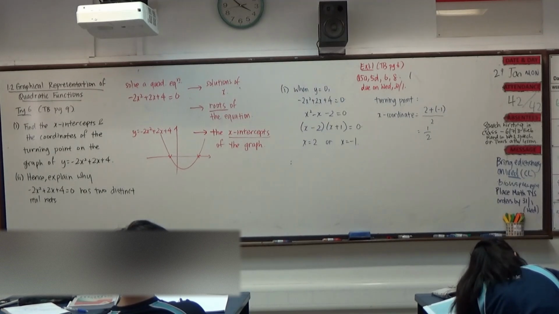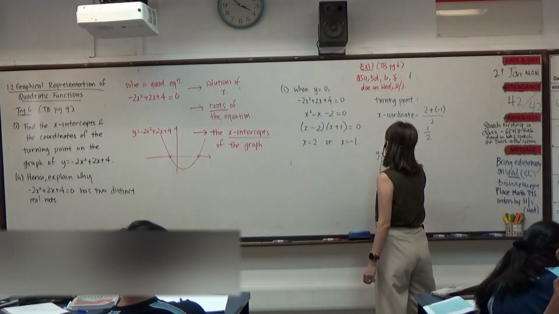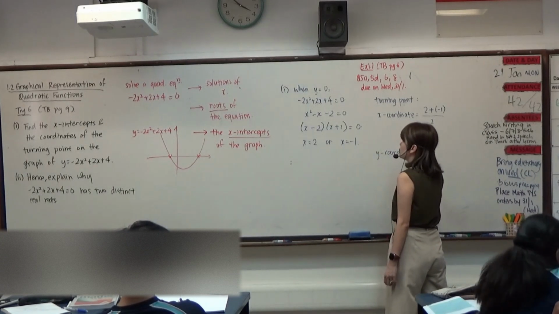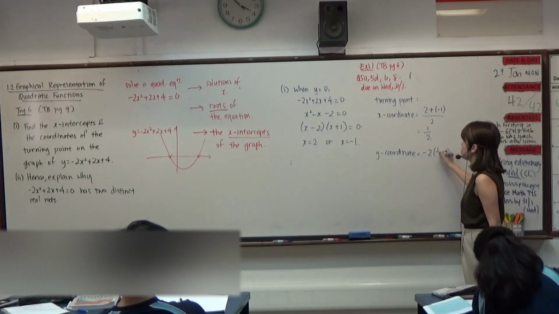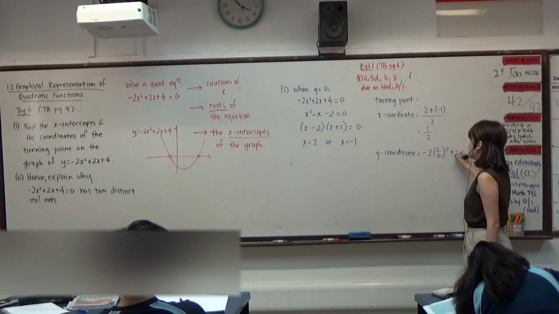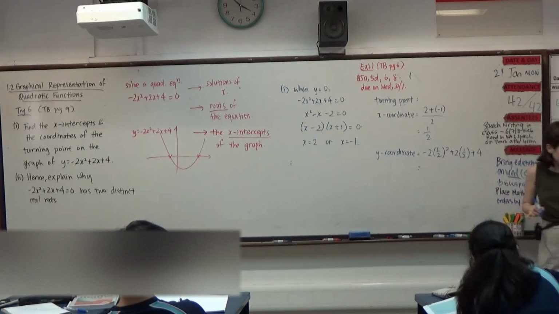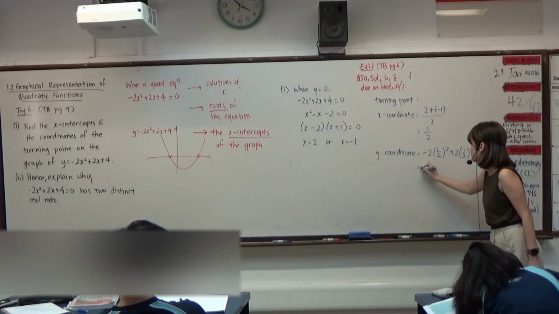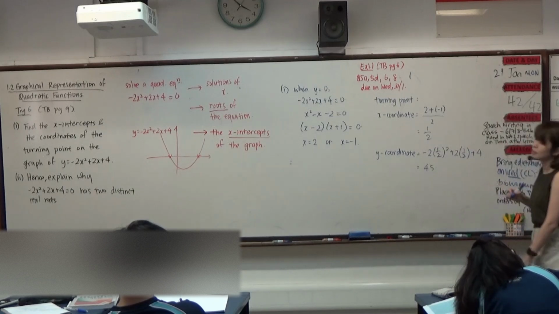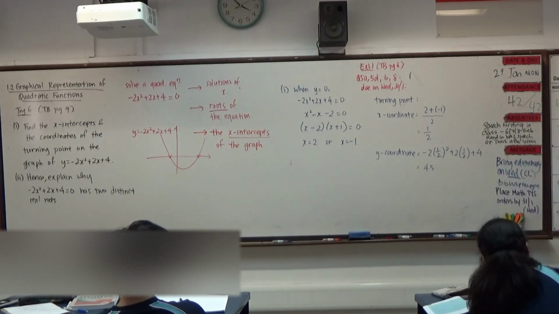So x coordinate will be half, and then our y coordinate will be found by substituting x to be half. This process itself, I hope you're familiar with that. Which leads to our turning point to be half and 4.5.